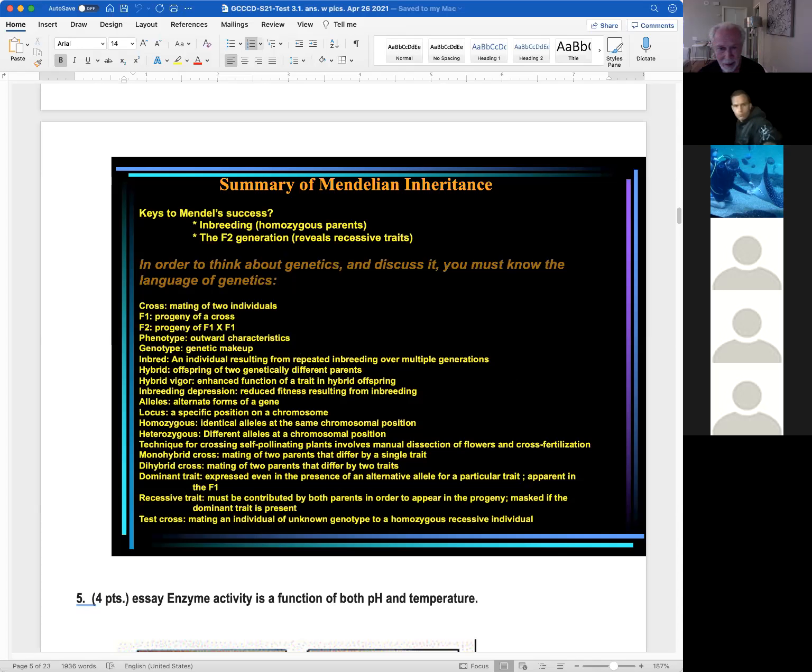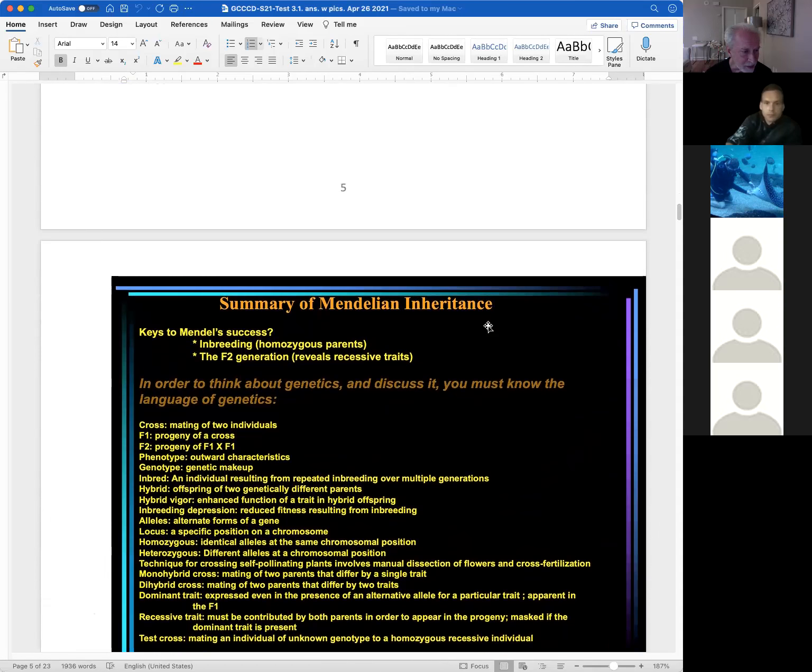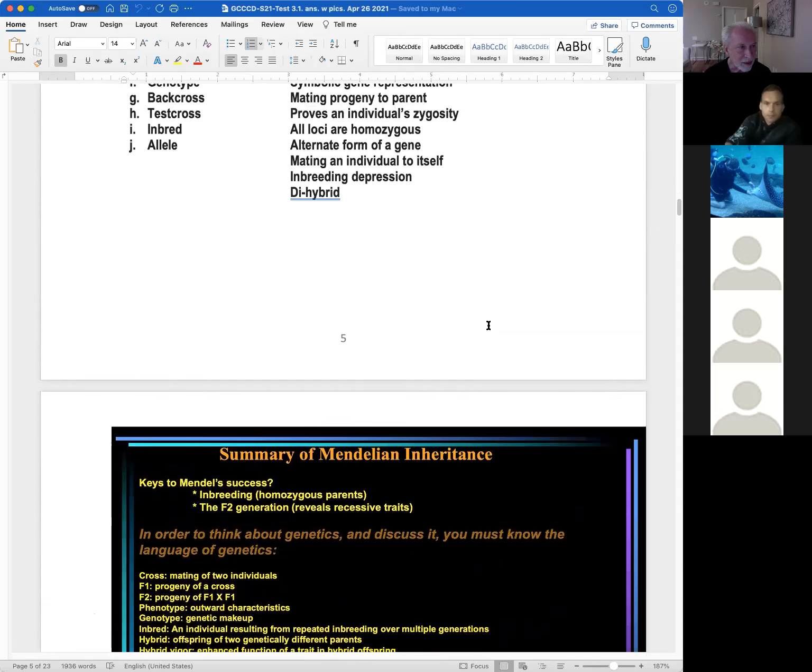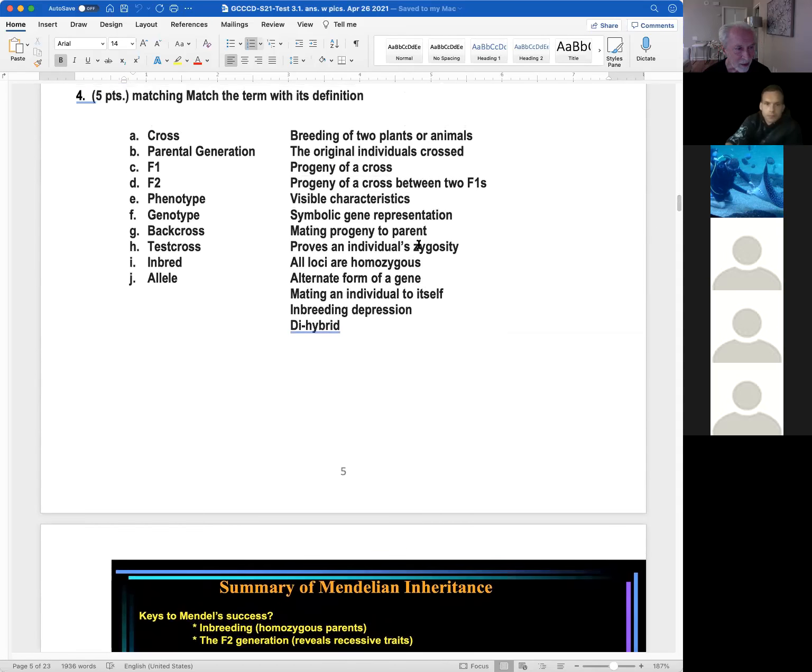The back cross is missing. Yes, you're right. The back cross is missing. Okay, does anybody know what a back cross is? Hi, Professor, this is Aiden. A back cross is when you breed offspring with a parent.